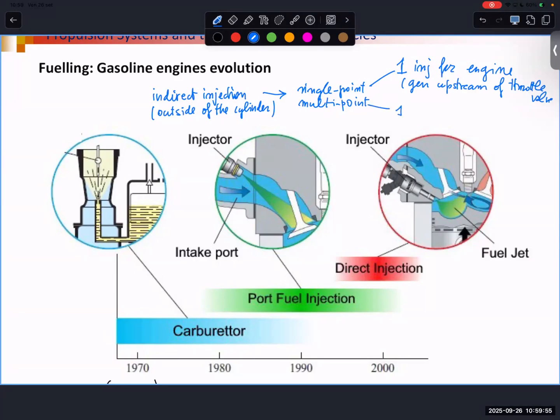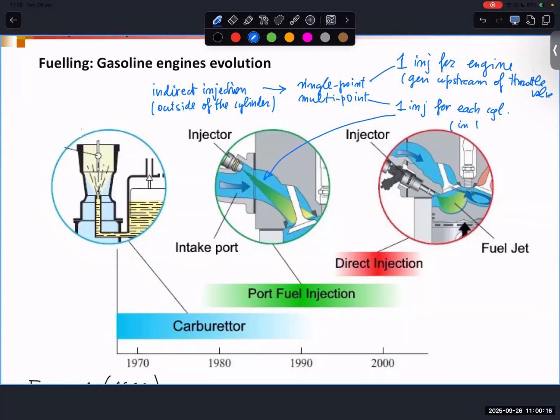In multi-point, you have one injector for each cylinder. They are placed in the port, in order to be closer to the cylinder.